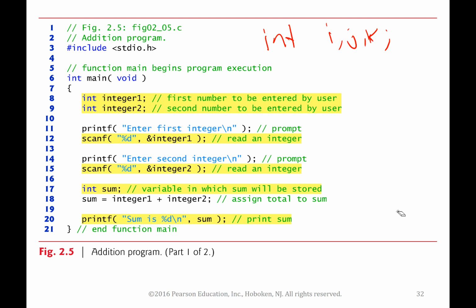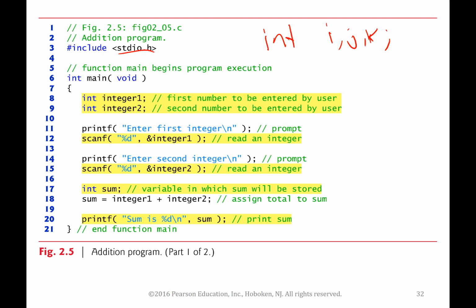And then scanf is a function call. Now this function call is in the main library, and I included stdio.h, so the compiler knows what scanf is. Scanf in this particular case is receiving two arguments when I call the function.